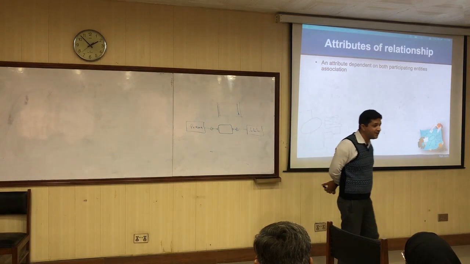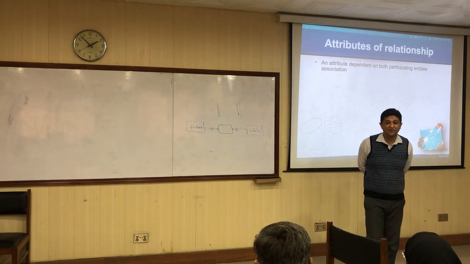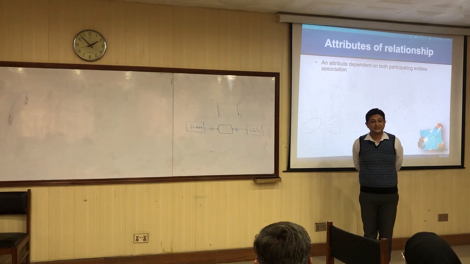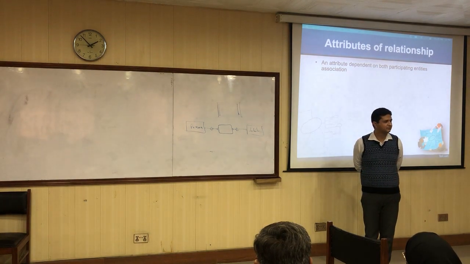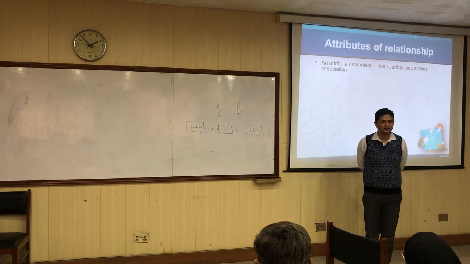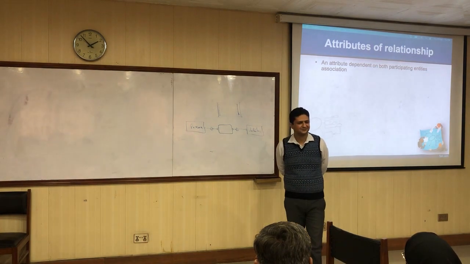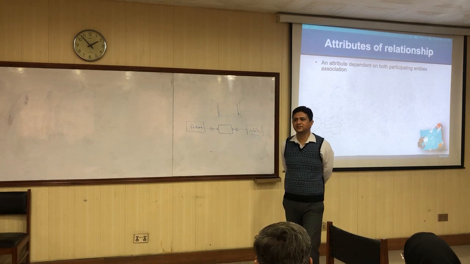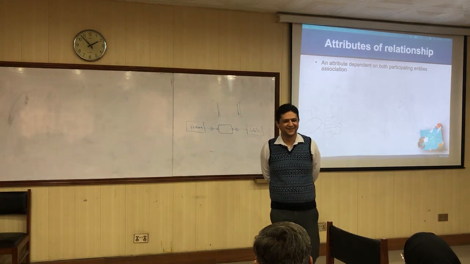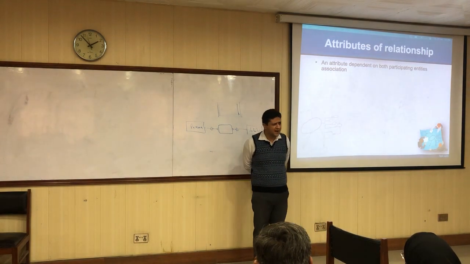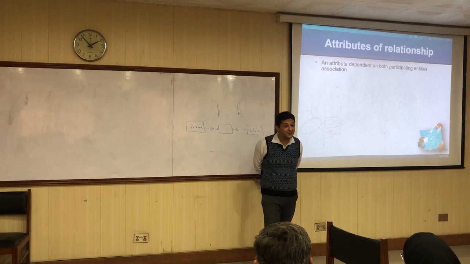But there can be an attribute, for example, if I ask you what is the grade, you'll ask me whose grade? I'll tell you Hammer's grade, right? Then you'll ask Hammer's grade, but in which subject, right?